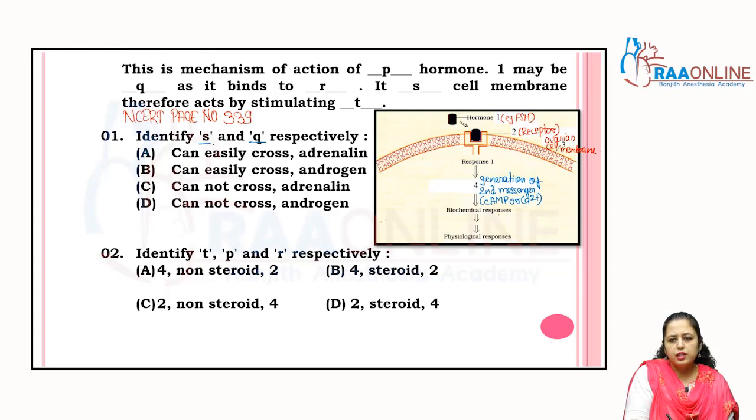Identify the S and Q. That S cannot cross the cell membrane and stimulates Q. One may be Q, okay. And that Q is adrenaline, that is the line exactly from NCERT, right? So its answer is C. It cannot cross. And first may be Q, that is adrenaline, as it binds to R.